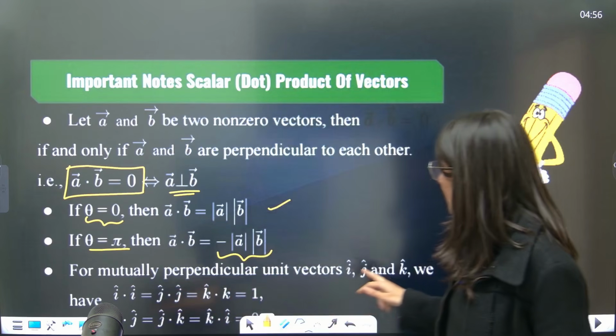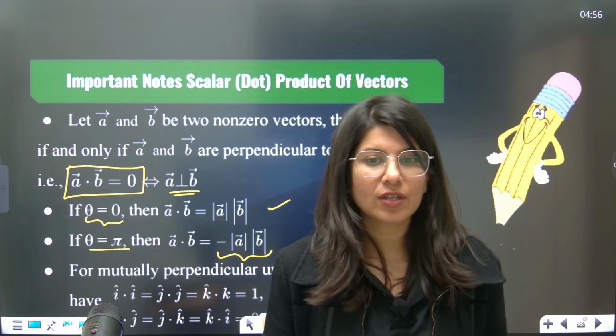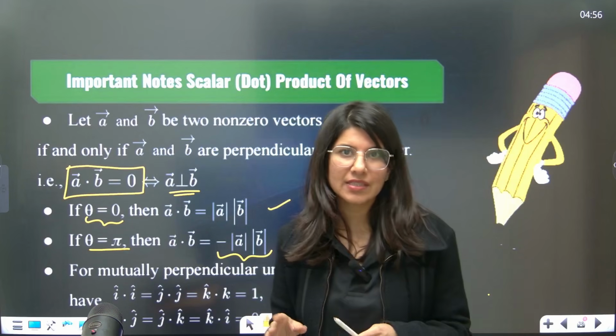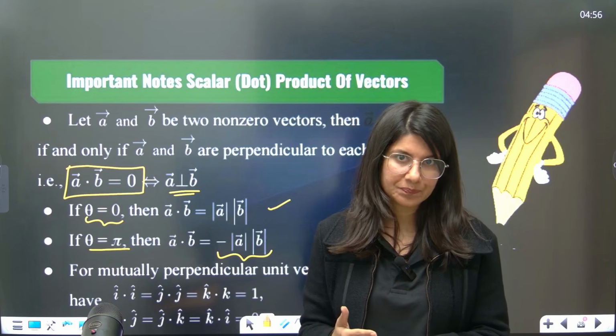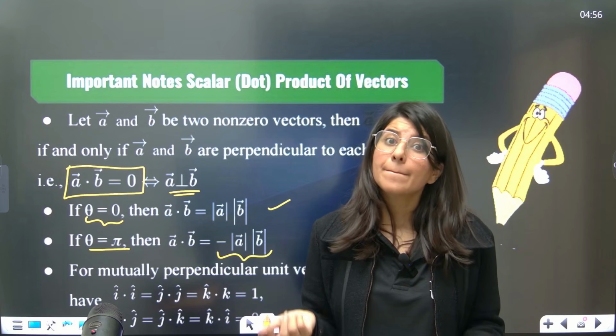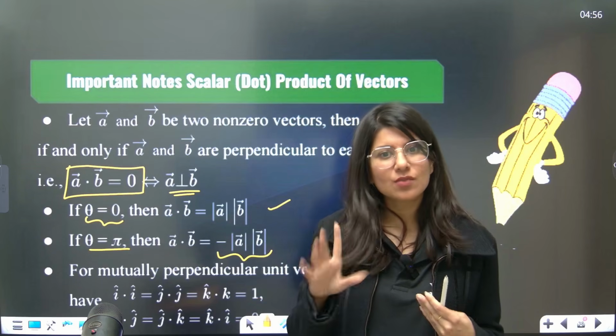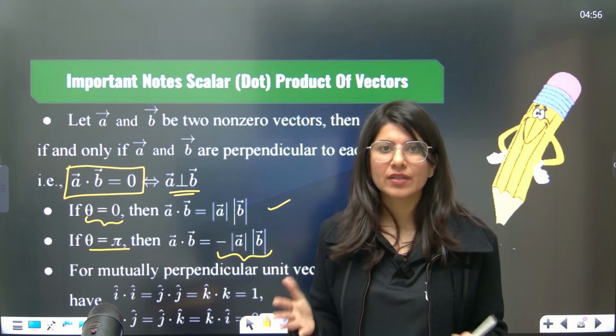For mutually perpendicular unit vectors, now what is there? I dot I, J dot J. In dot product, I dot I means these two unit vectors are parallel to each other, so cos 0 degree is 1. I dot I is 1, J dot J is 1, K dot K is 1.